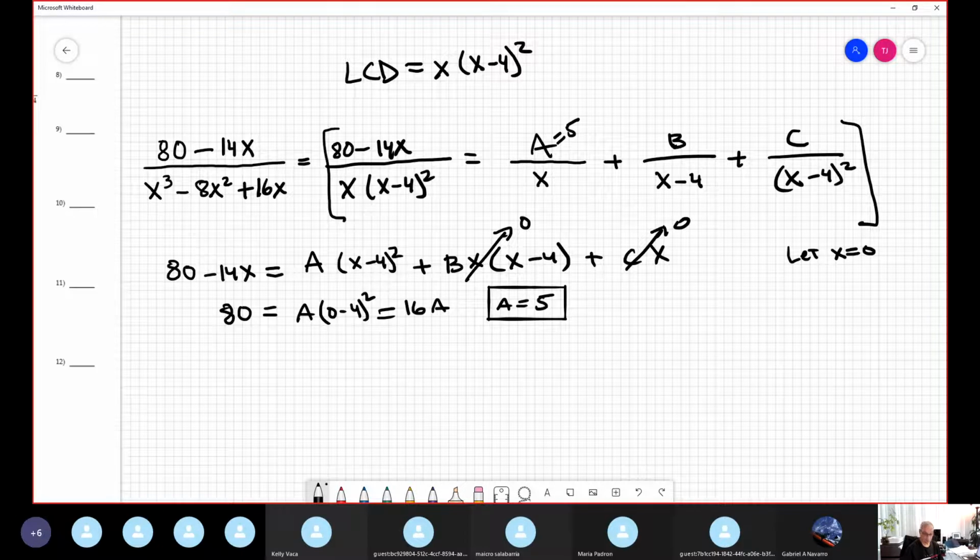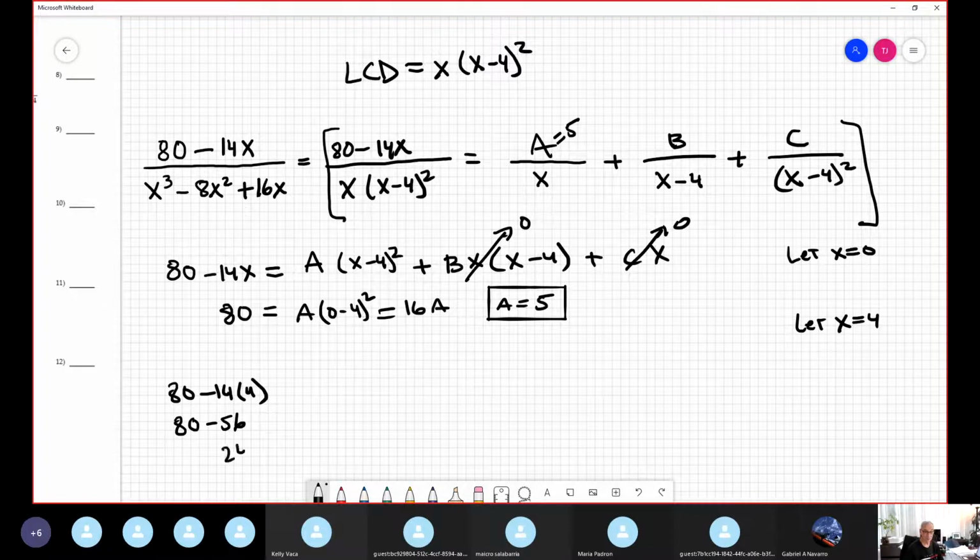Well, another value that we have at hand is 4. It's another critical value. So x equals 4: 80 minus 14 times 4. 14 times 4 is 56. 80 minus 56 is 24, no?